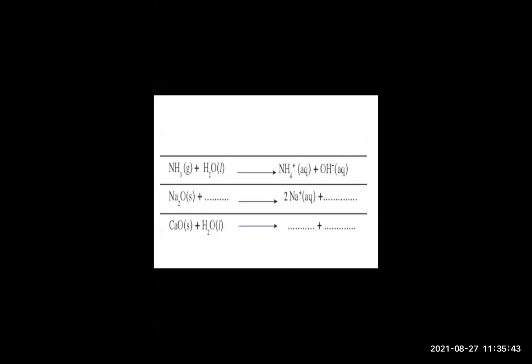Na2O plus H2O, that is water, gives 2Na plus plus 2OH minus. That is sodium oxide. Sodium oxide reacts with water and forms sodium ions and hydroxyl ions. That's why we are writing it as 2OH minus. 2OH means hydroxyl. Okay, next is calcium oxide, CaO plus H2O.